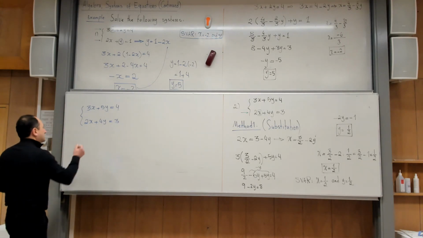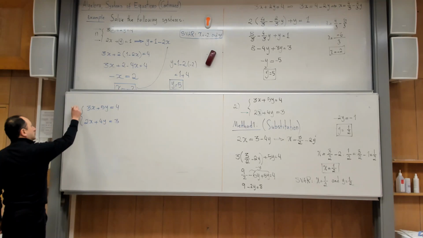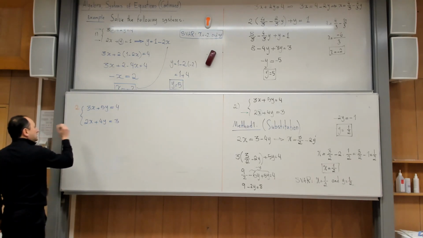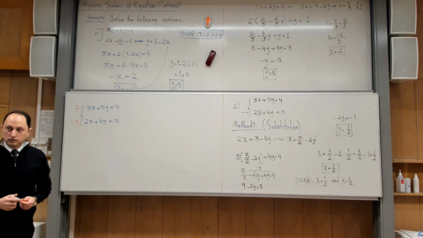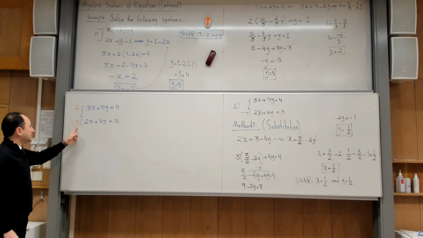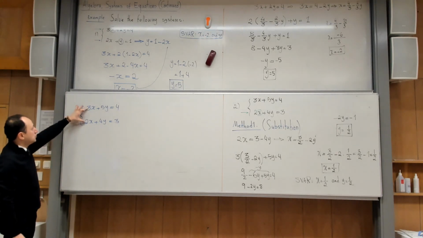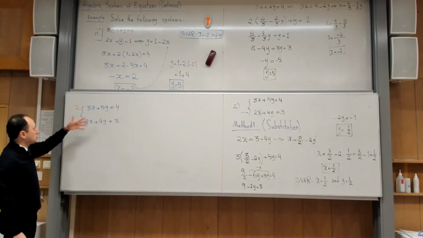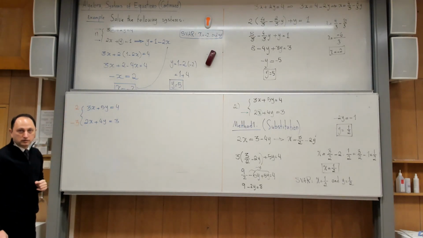Okay, that's exactly it. I will multiply it by 2 here, but not by 3, by minus 3. I multiply the first one by 2, and the second one by minus 3. What I have in mind is to make these coefficients the same and opposite so that when I add them, they are gone. That is my strategy.